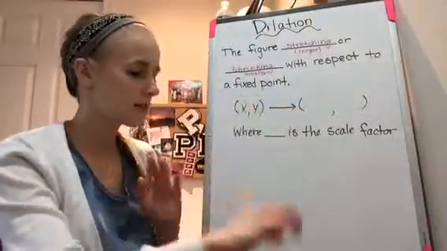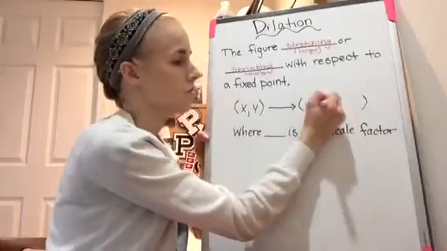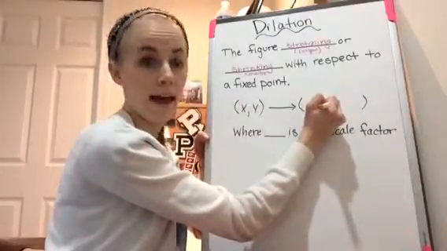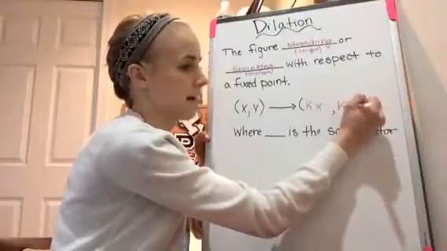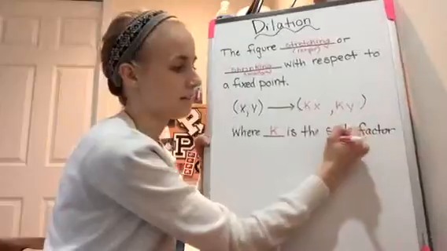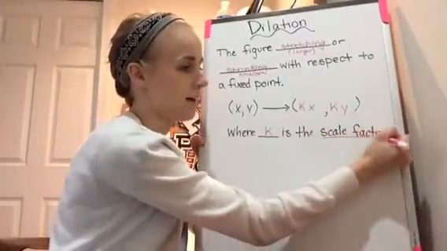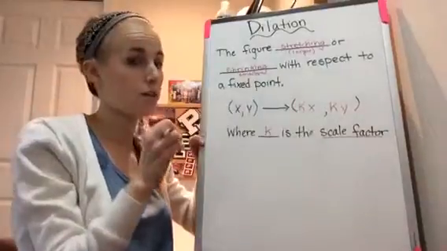In terms of x and y, we call our scale factor k. So it's going to be some number k times our x, and then some number k times our y, where k is our scale factor, how much we're either stretching it or shrinking our object.